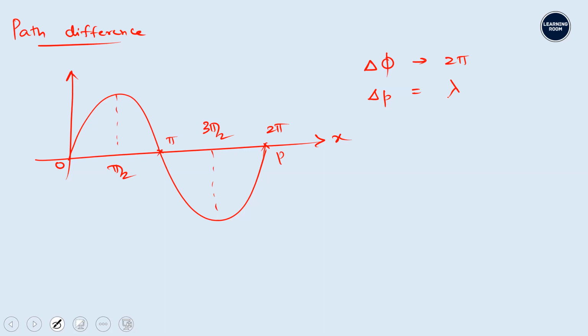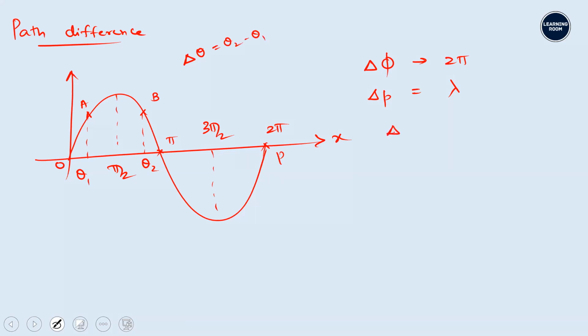In a similar way, if I take 2 points A and B, and if I draw two perpendiculars, and say the angles here are theta 1 and theta 2, then what is going to be the phase difference between them? If I call it delta theta, it is equal to theta 2 minus theta 1.